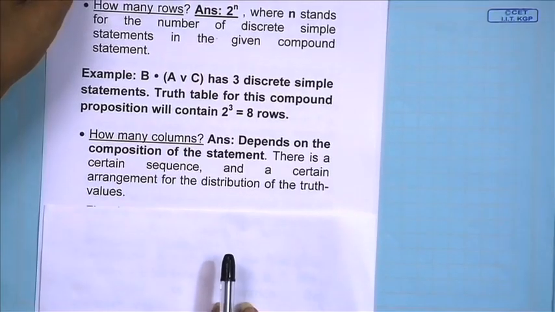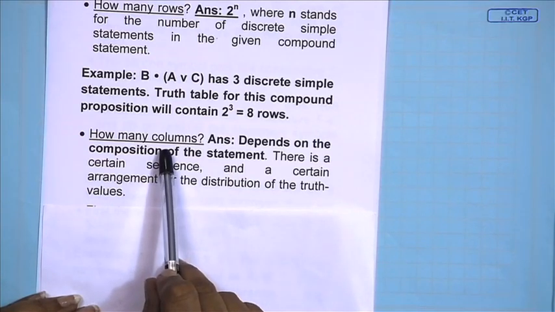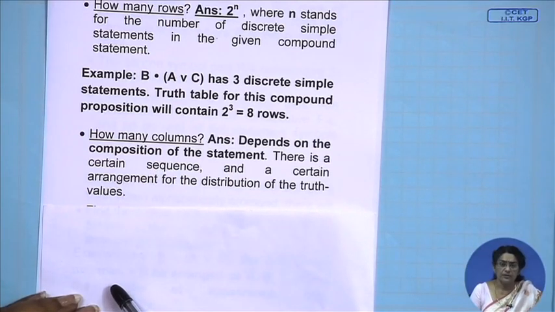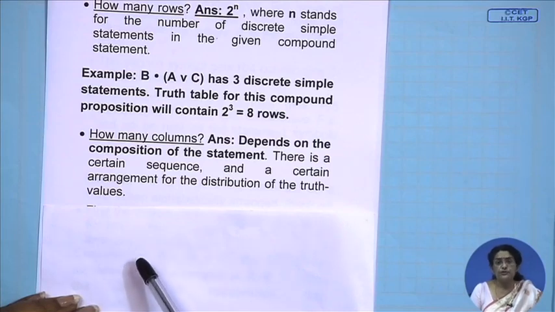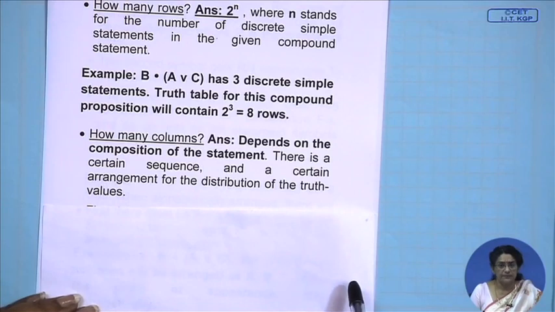Next is how many columns. Now, that answer is not going to be obtained through any formula, but you have to understand what. The answer to this question, how many columns, we have to say depends. Depends on what? Depends on, first of all, the composition of the statement. What kind of complexity you have in the compound proposition.